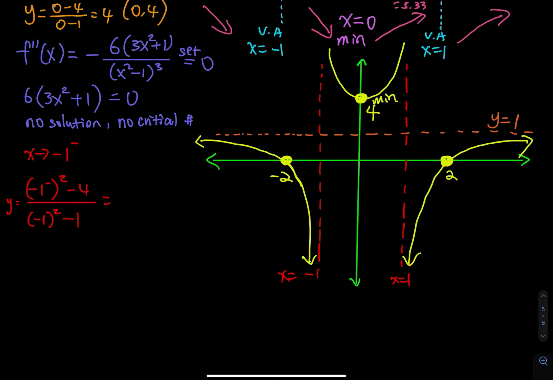You square -1, minus 4, that is -3. What we need to worry about is the bottom. Negative 1 squared is 1. 1 minus 1 is 0.